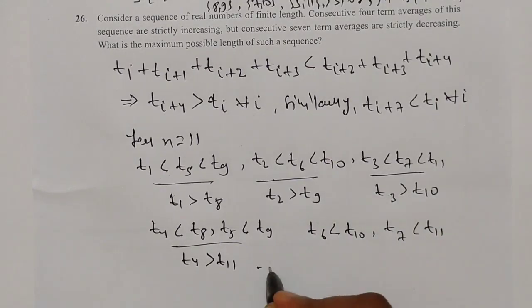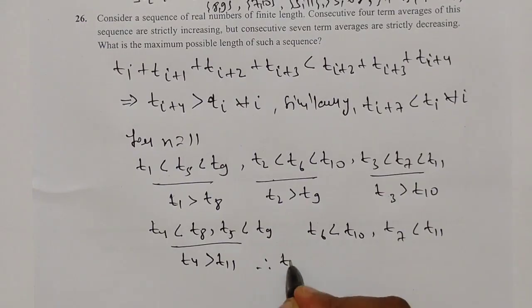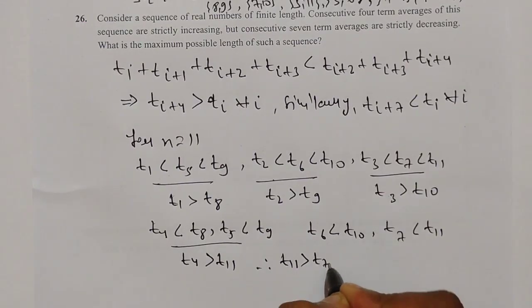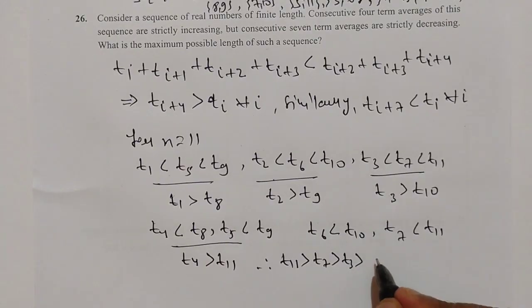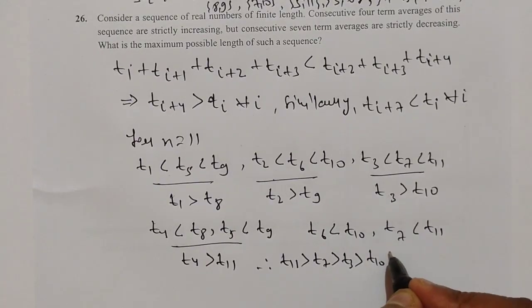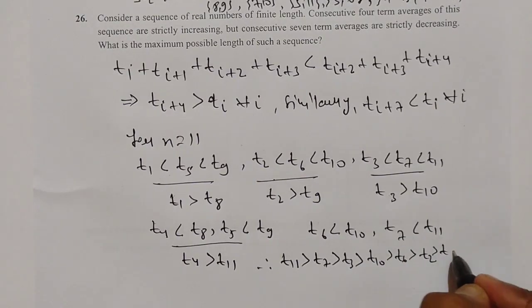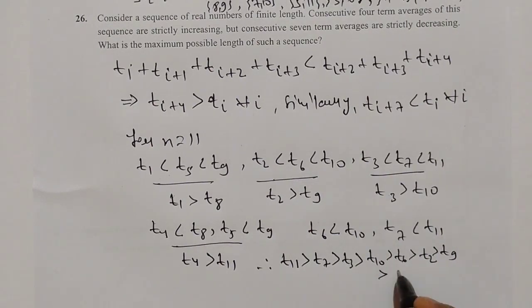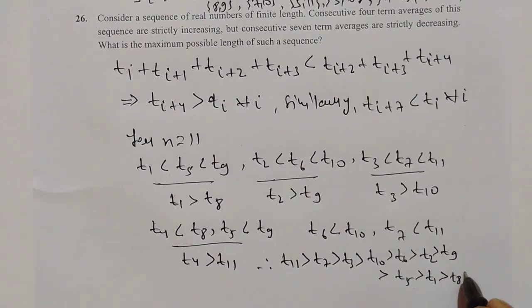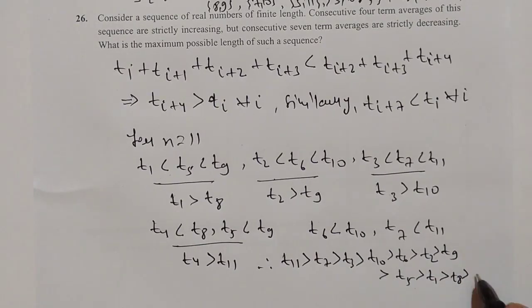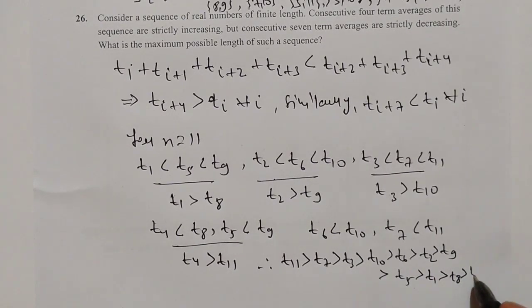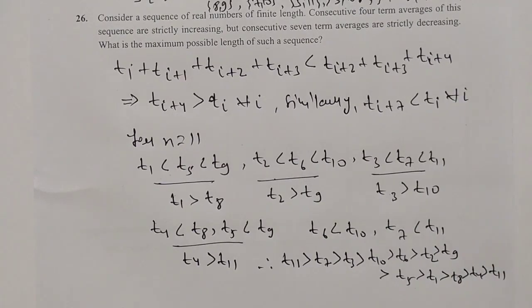So now if we combine all the cases, then t11 is greater than t7 is greater than t3 is greater than t10 is greater than t6 greater than t2 greater than t9 is greater than t5 is greater than t1 greater than t8 greater than t4 and greater than t11.